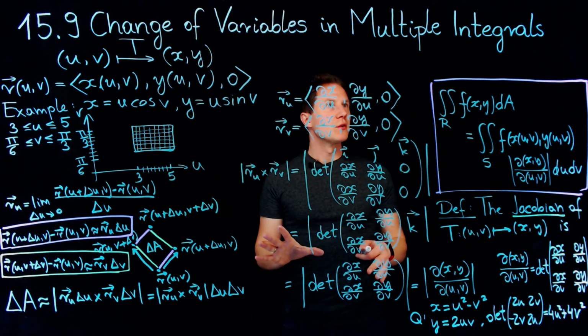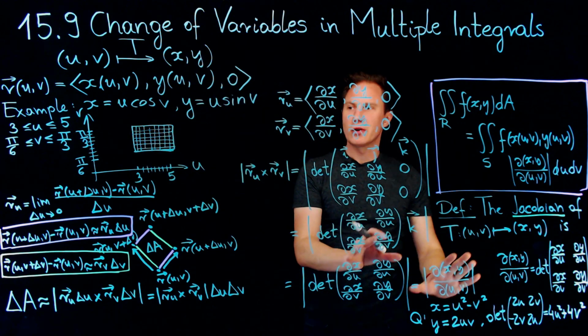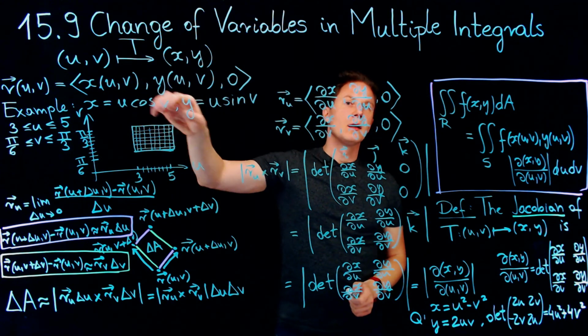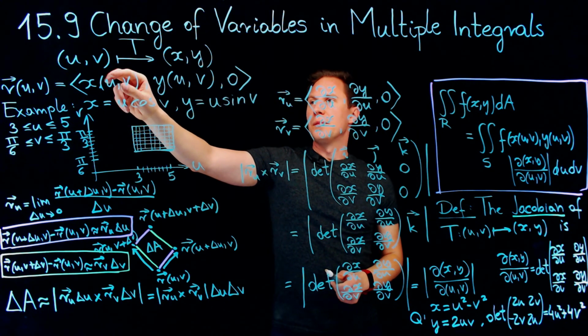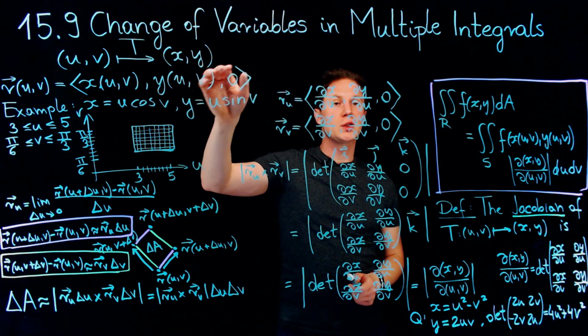For triple integrals, this story nicely generalizes. Instead of u and v, we have a third new variable, let's call it w, instead of x, y, and z.